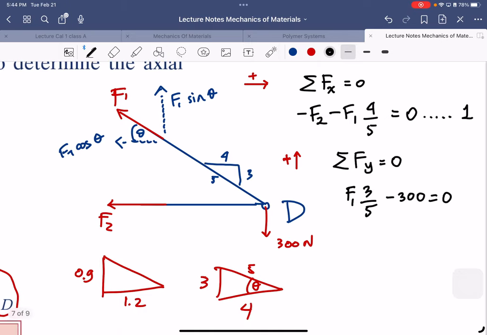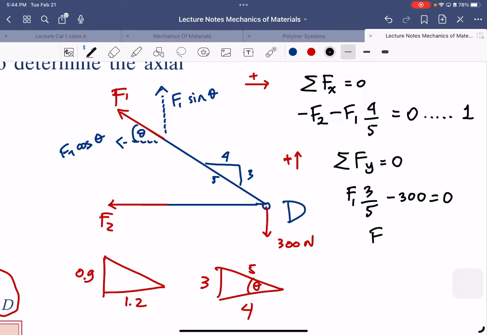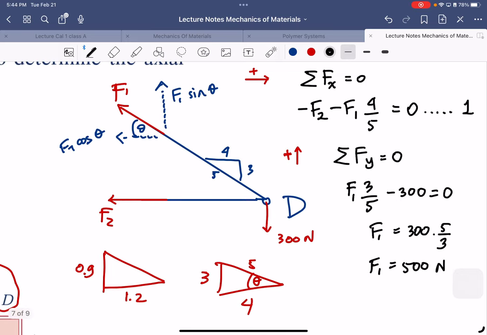So we can solve this, and we get 300 multiplied by 5 over 3, so F1 should be 500 Newton. And from this 500, we could substitute into the F1 here. So minus F2 minus 400 is equal to 0.